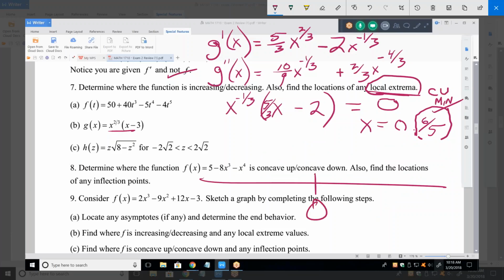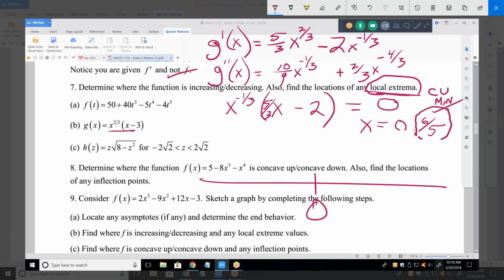The only time it's a local extrema at 0 is if the sign changes on the first derivative, left and right. If it goes plus, plus, plus, plus, it's not an extrema. If it goes minus, minus, minus, minus, it's not an extrema. It's got to go plus, minus, or minus, plus for it to be an extrema.